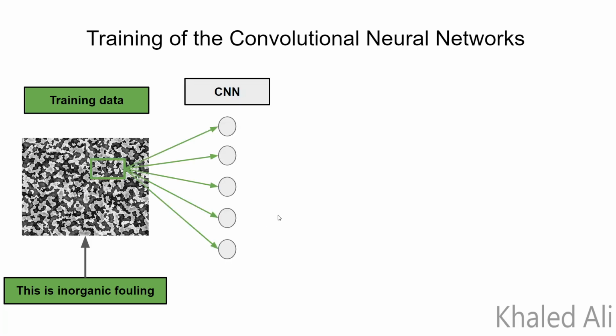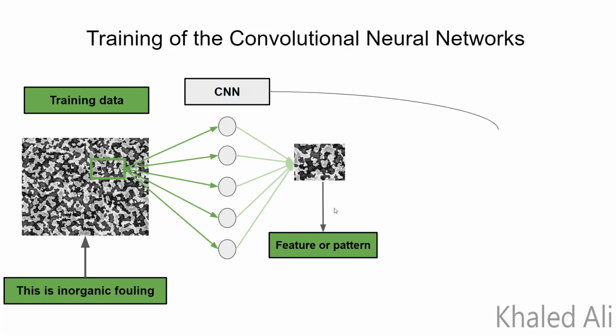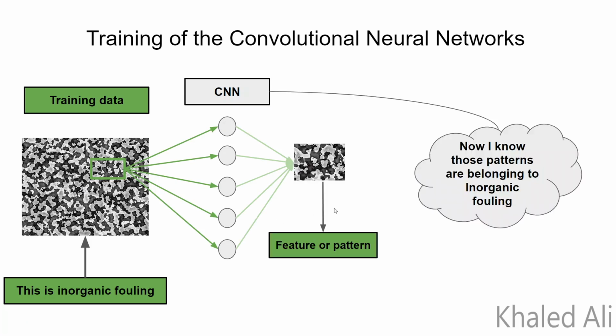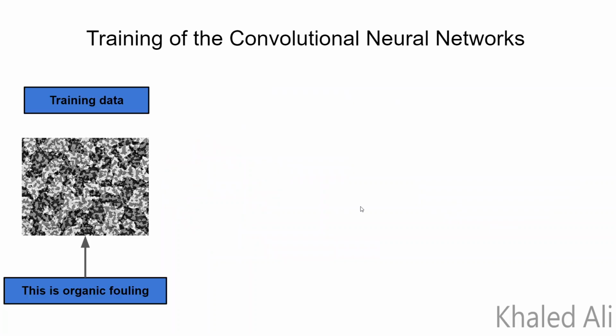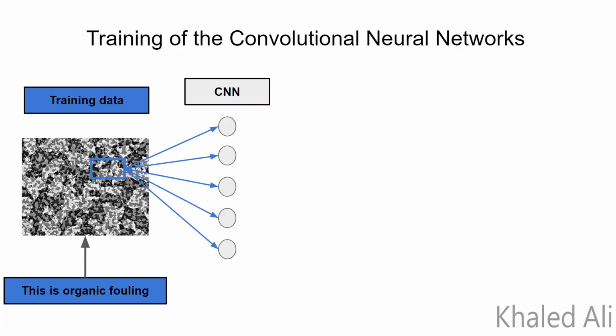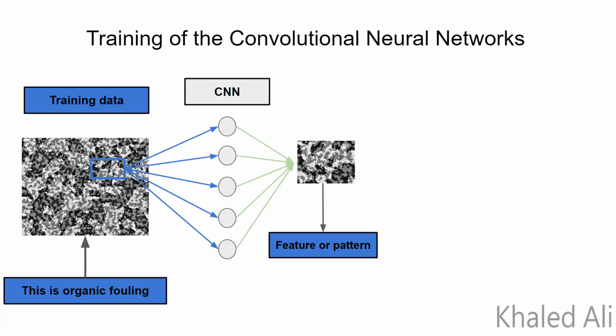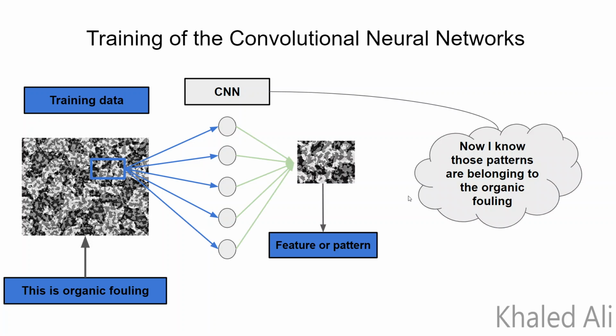Then CNN will extract patterns and features of the image, and at the end, it will know that this is for inorganic fouling. And finally, the same for organic: SEM images for organic fouling, we will train the CNN on them. CNN will extract image patterns and features, and at the end, it will know that this is for organic.